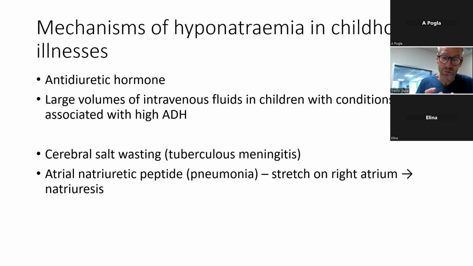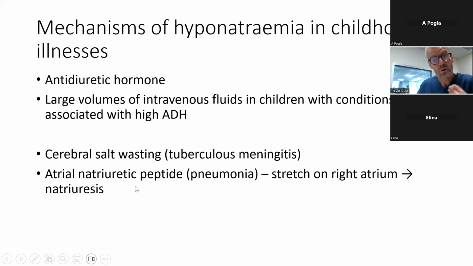And that can lead to a release of a peptide called atrial natriuretic peptide. It's released from the atria and causes a natriuresis, which just means sodium loss in the kidneys. And so again, like cerebral salt wasting, there is increased sodium loss.